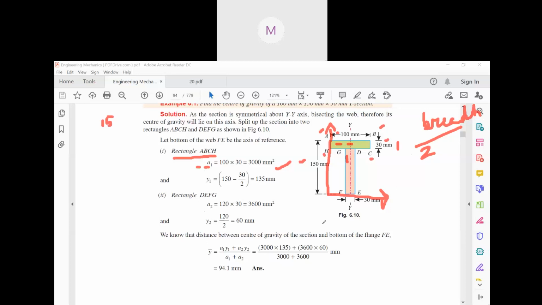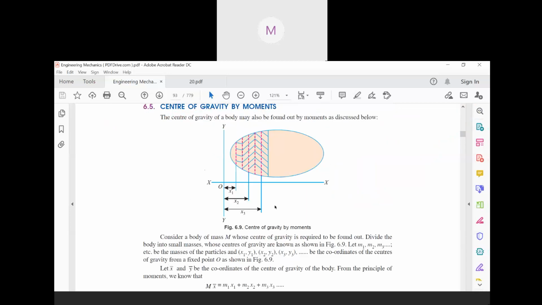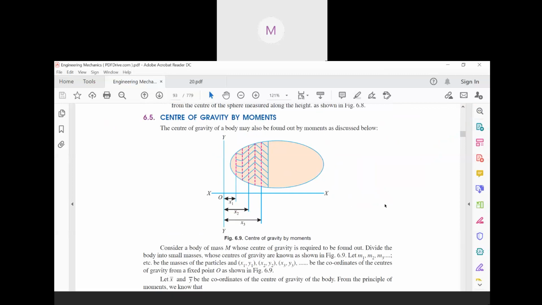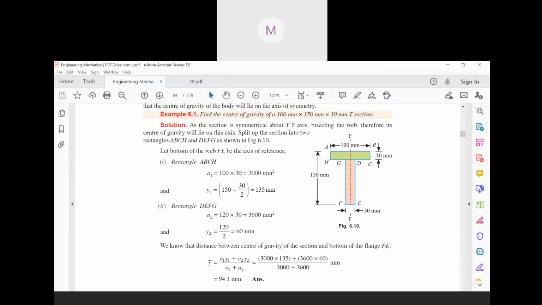Now the main trick comes here. For finding out y1, remember y1 is what? If you see the first figure, look, this is for x, just consider y. The distance from this axis, from the main axis, is not only this part, the center part. So here you will have to find out how.